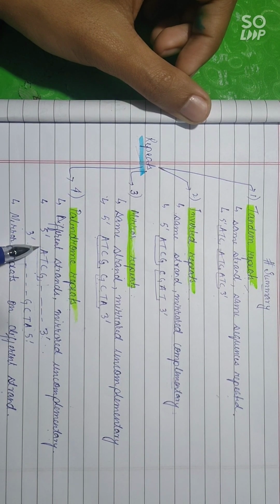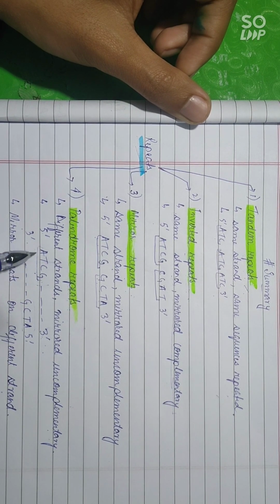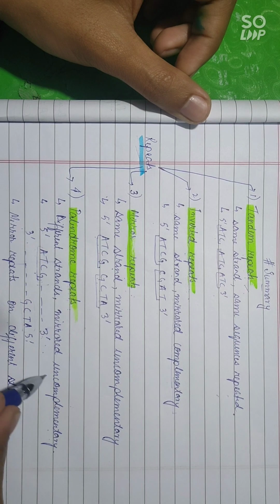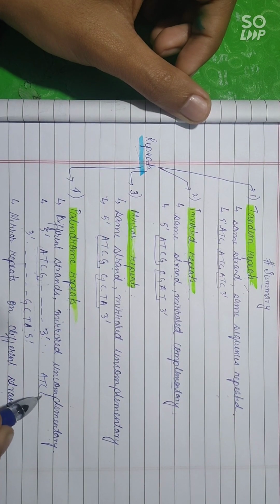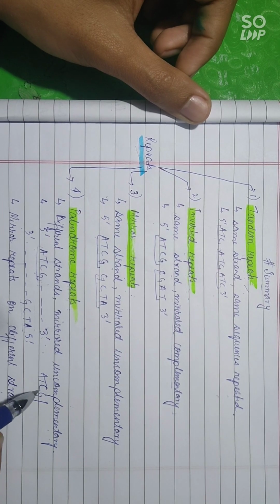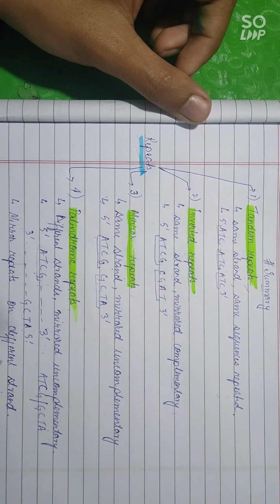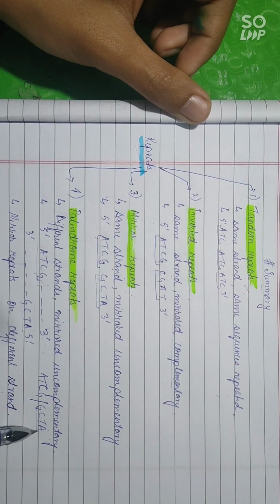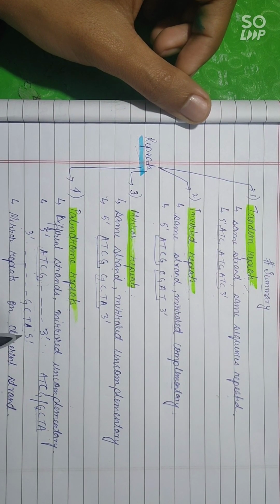We take a nucleotide sequence of ATCG on the upper strand, and the mirror image without any complementation of ATCG would be GCTA, and if GCTA is found on a different strand, then we call it palindrome repeats.